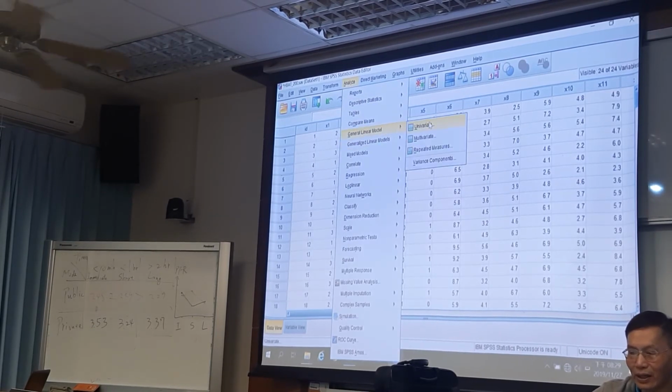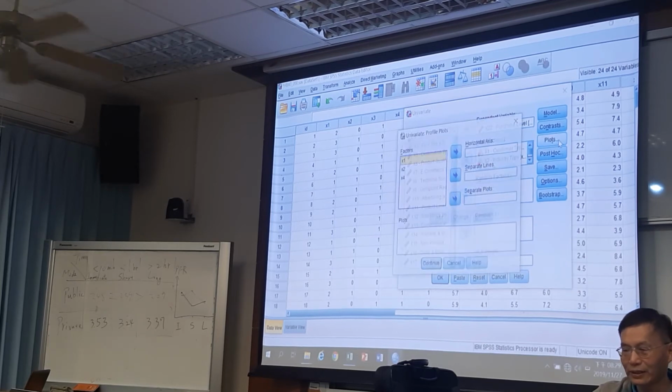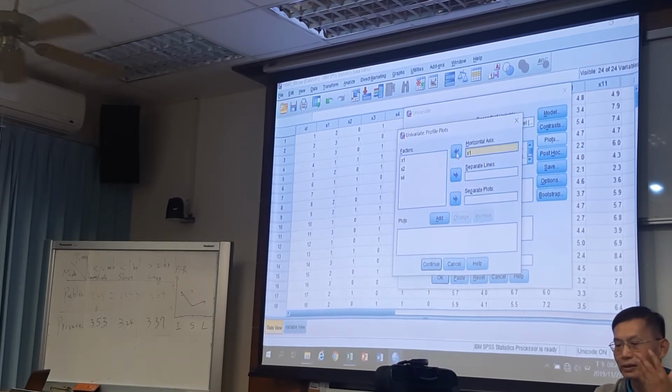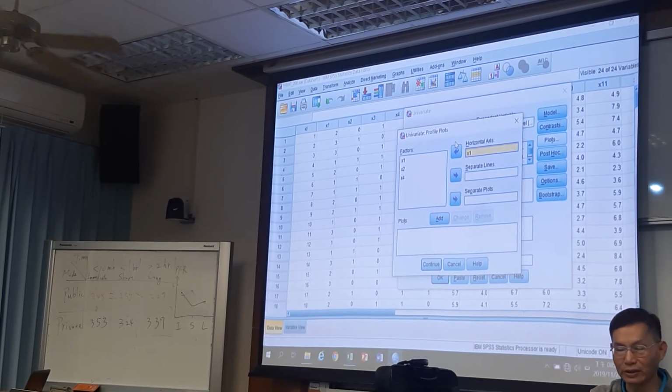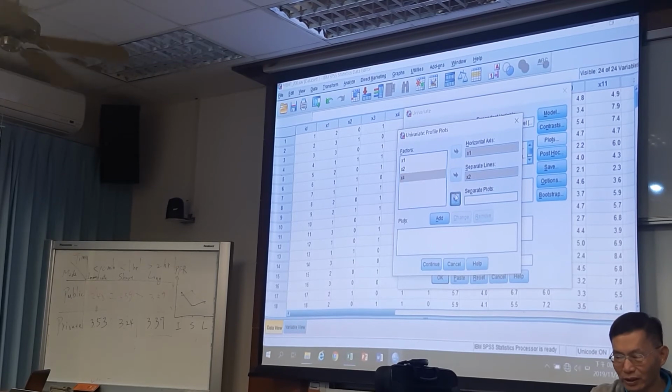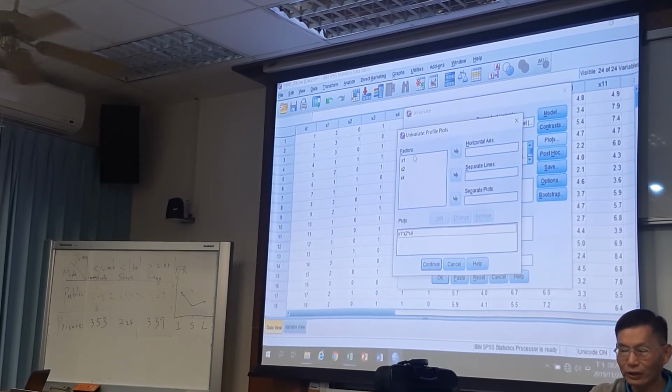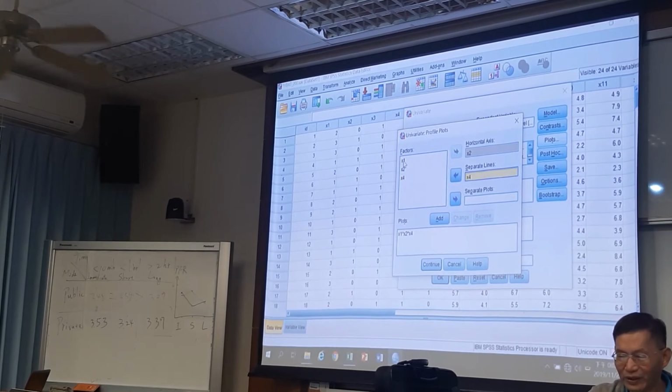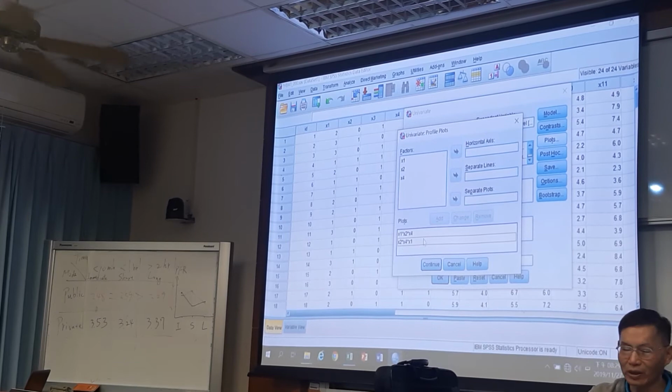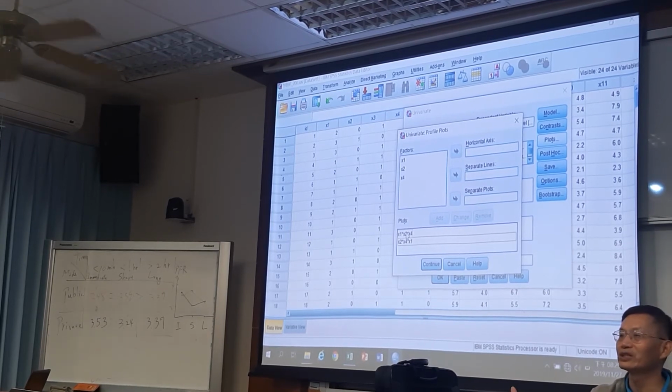I will plot this one because there are 3 levels, so I will reduce my plot. I will put this one here, and this one here. If I do it the other way, what will happen? If I do the separate plot, you will see what's going on.